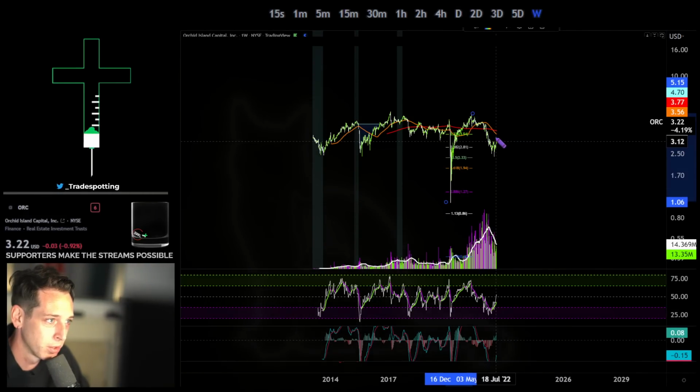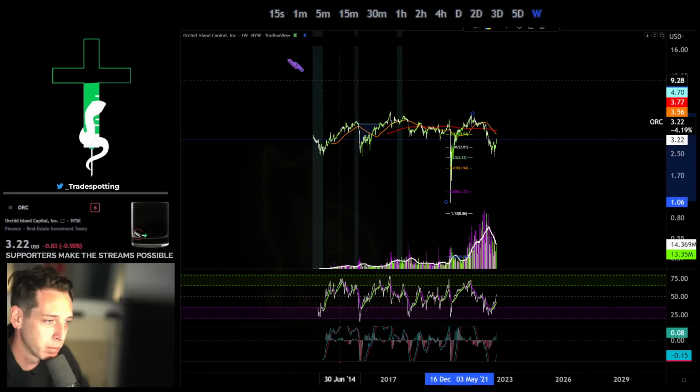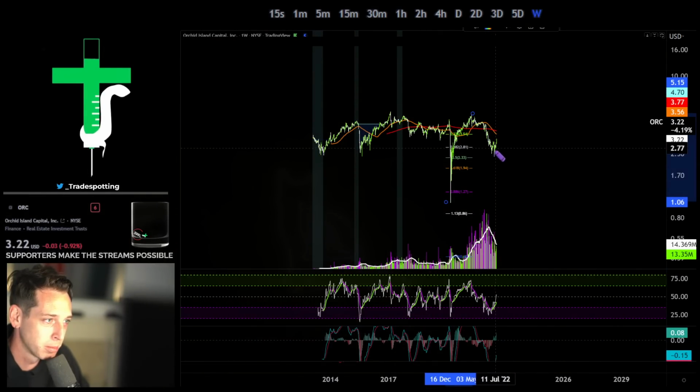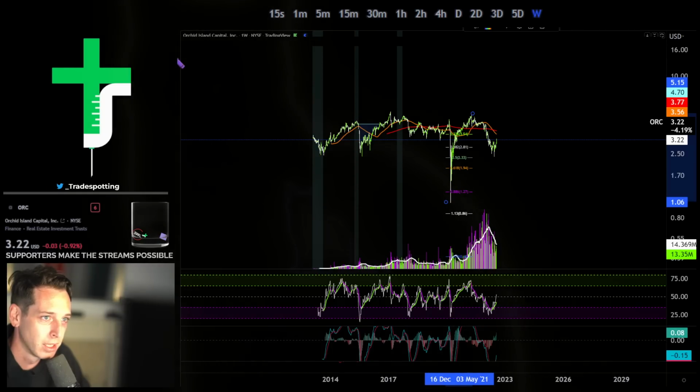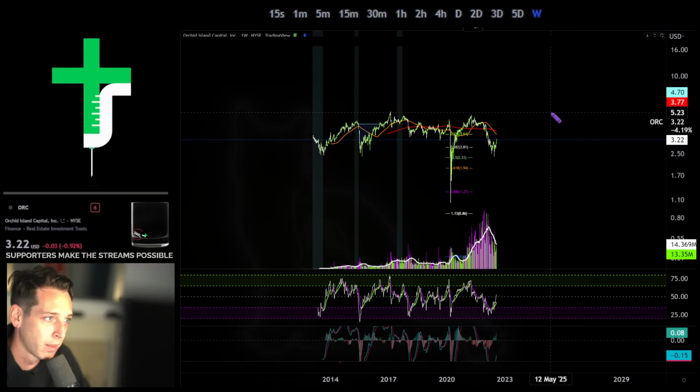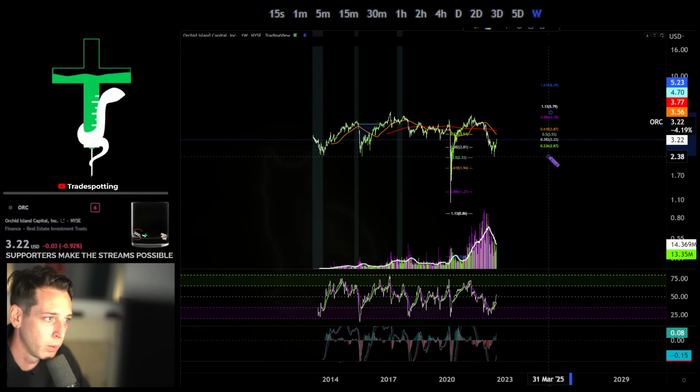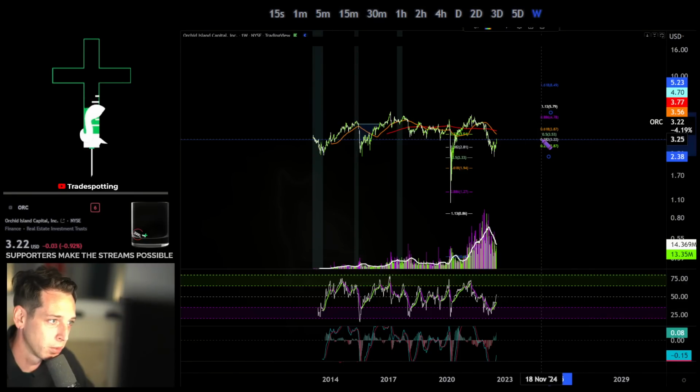Death cross came through, and you're perhaps coming back up to test one of these, as you would expect in a downtrend.